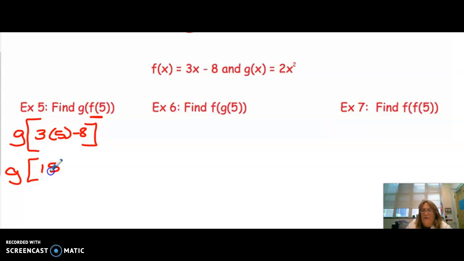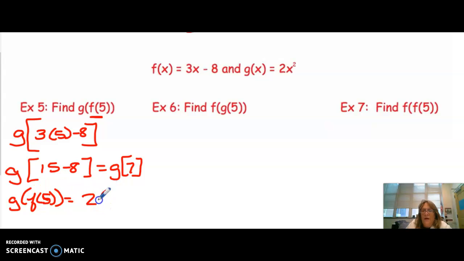I get 15 minus 8, and that gives me g of 7. Now I'm going to go back, and everywhere in my g equation that I have an x, I'm going to put the 7. So I have 2 times 7 squared. That's going to give me 2 times 49, which gives me 98.